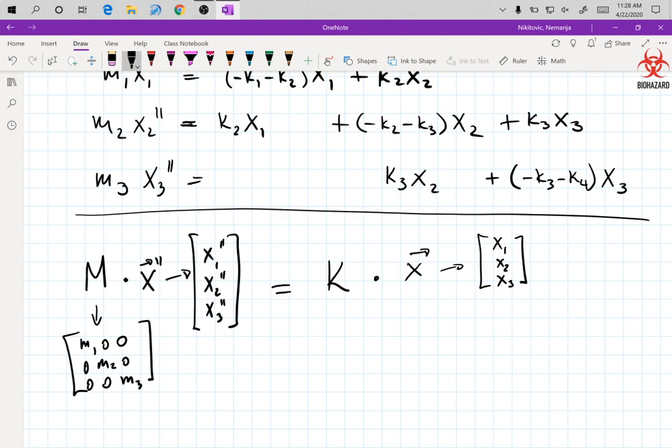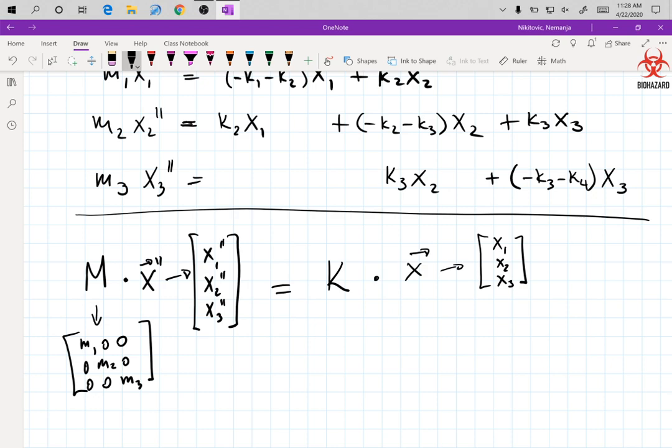These are the three unknown functions. Remember, you're solving a differential equation. Your job is to find x1 of t, x2 of t, x3 of t, right? You can call them x, y, z, whatever, u, v, w. I don't care what you call them, but that is the object of this problem.